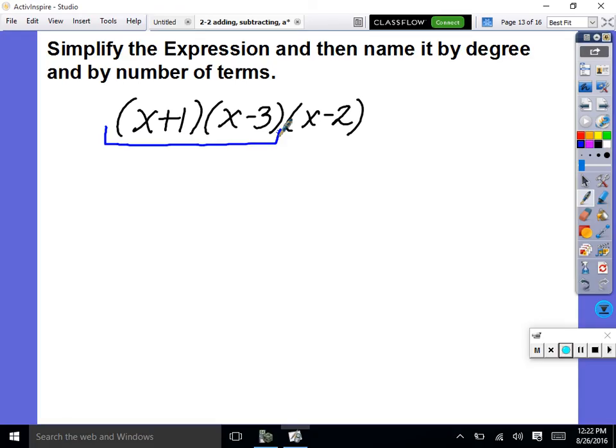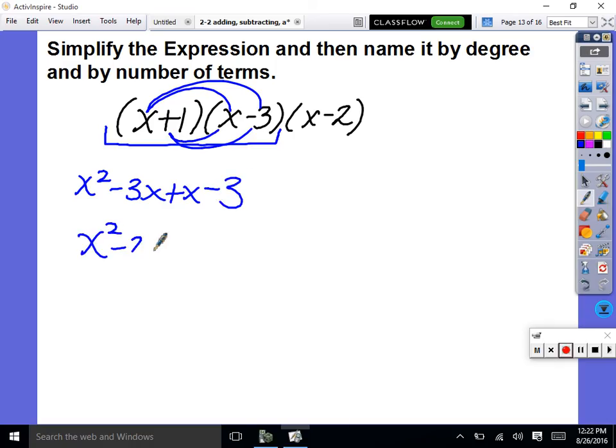If you start multiplying and trying, you're going to miss stuff. So I'm just going to ignore x minus 2 and distribute this through. X squared minus 3x plus x minus 3. Combine like terms first. X squared minus 2x minus 3. Does everybody see how I just multiplied those 2 together first? And now multiplying x minus 2. That way you don't miss anything.